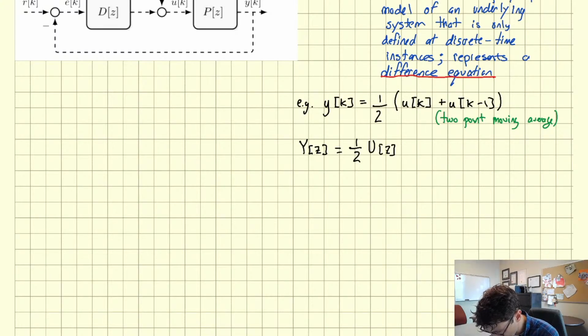So I'm going to write that as z inverse u of z. Okay? And then now you do the same thing we did in the first lecture, rearrange, and you're going to get your transfer function.